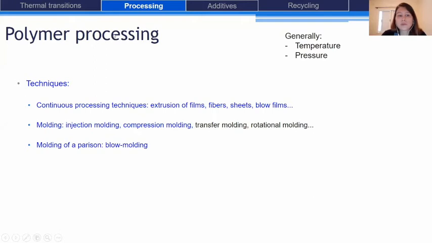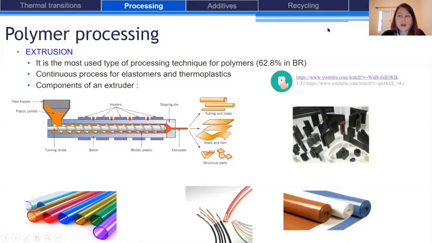And also a combination of extrusion and molding, which is blow molding. This list is not exhaustive, and other techniques can be found in the literature.